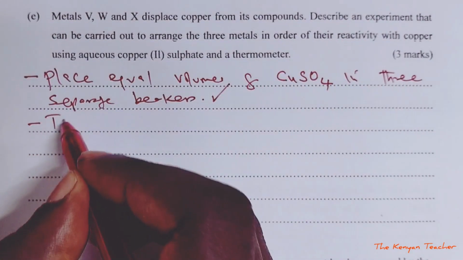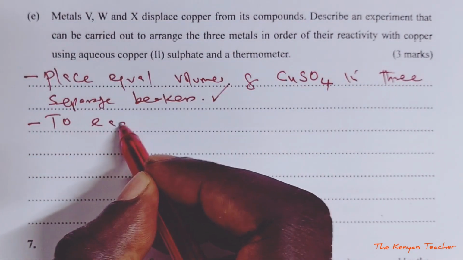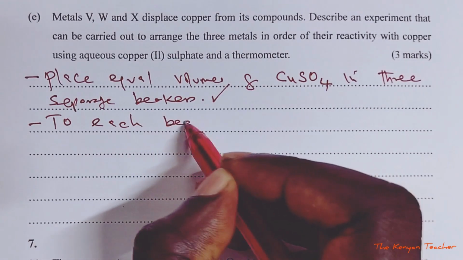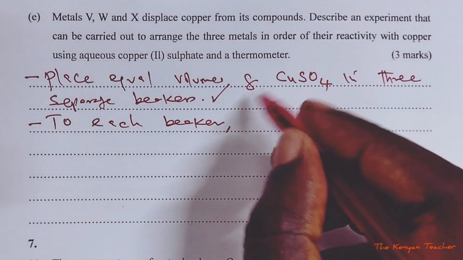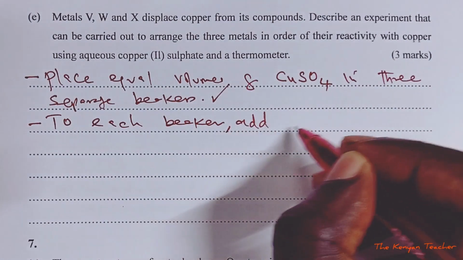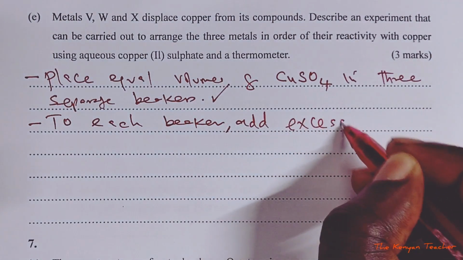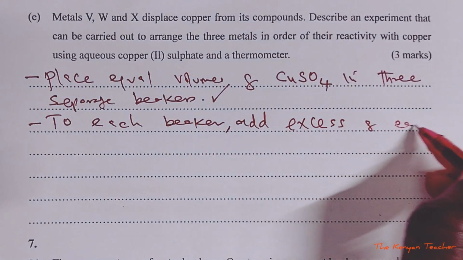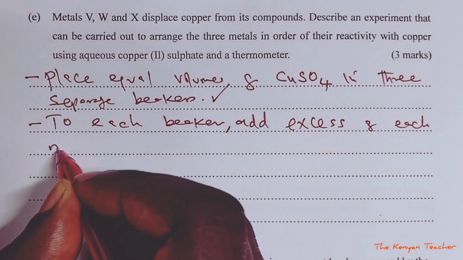Once we have done that, now to each beaker, we would add, of course, excess of each metal powder.